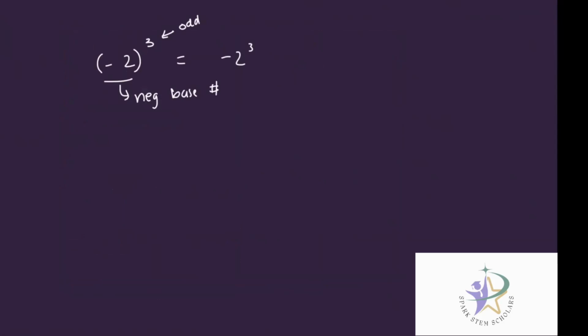If you evaluate it, the result would turn out to be the same, because -2 times -2 times -2 is equal to -8, and -2 times 2 times 2 is also -8. So if you have an odd exponent with a negative base number, then it will yield the same result as if you don't have parentheses.